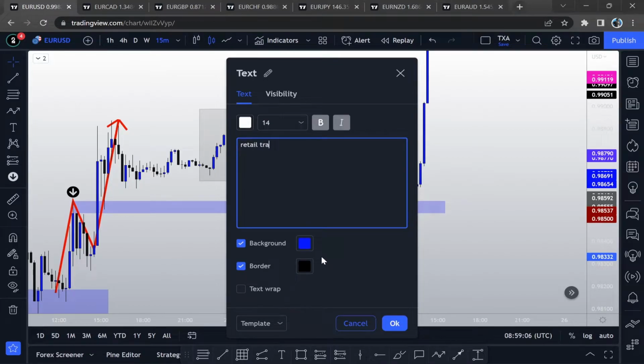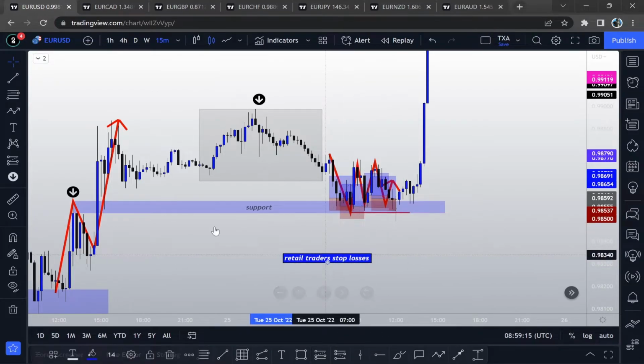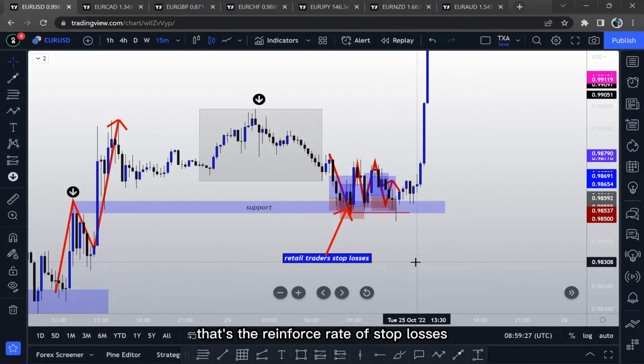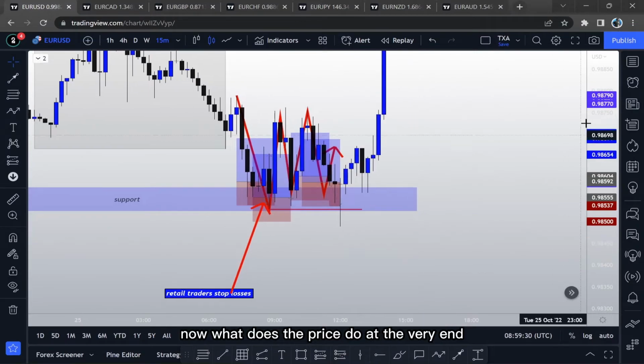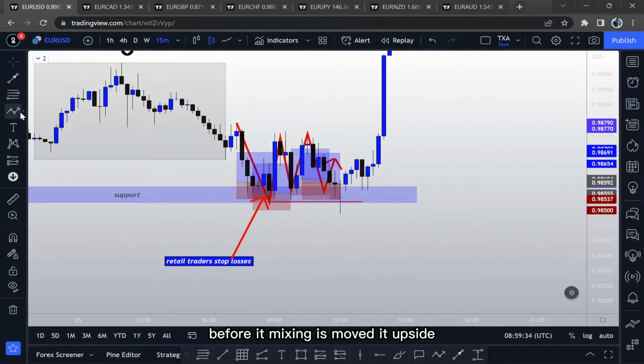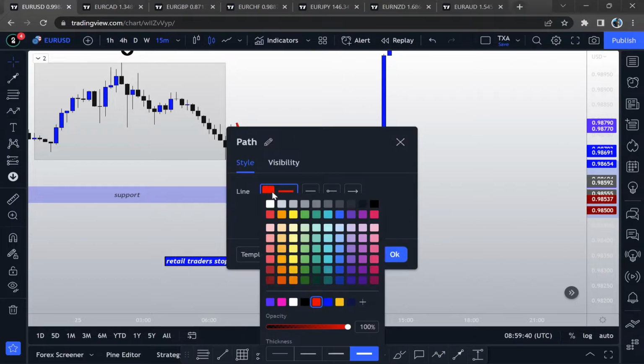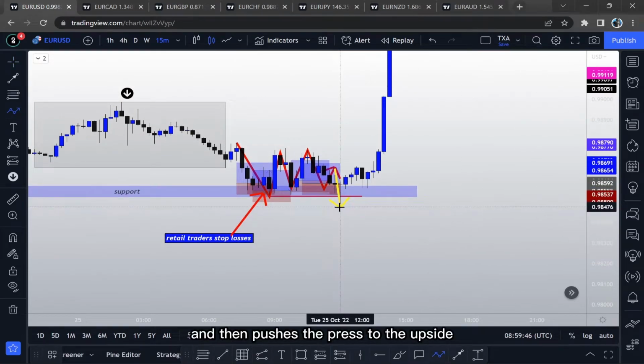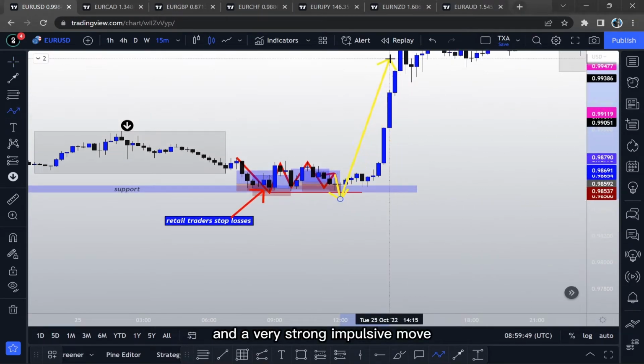Retail traders, stop losses. That's the retail trader stop losses. Now what does the price do at the very end before it makes its move to the upside? It stop hunts all these levels and then pushes the price to the upside in a very strong impulsive move.